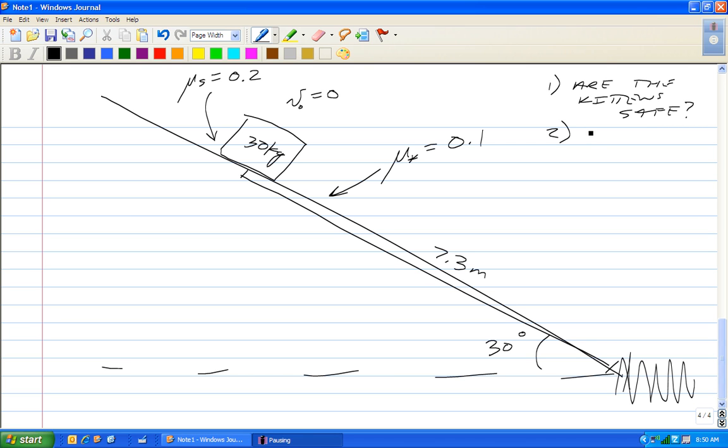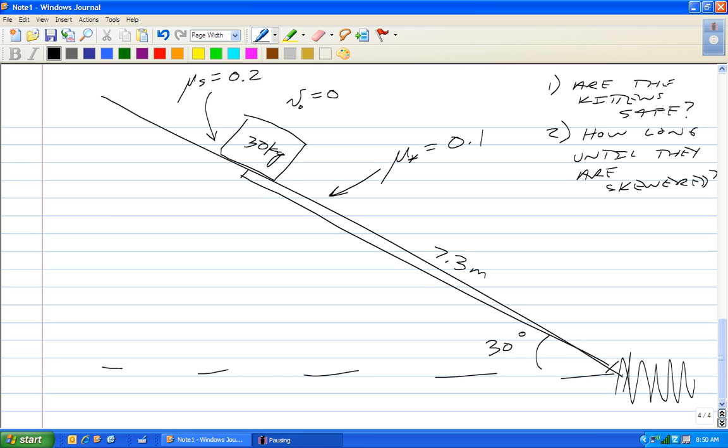If the kittens are not safe, then part 2 would be how long until they're doomed. So if the answer to question 1 is yes, then question 2 is infinite.